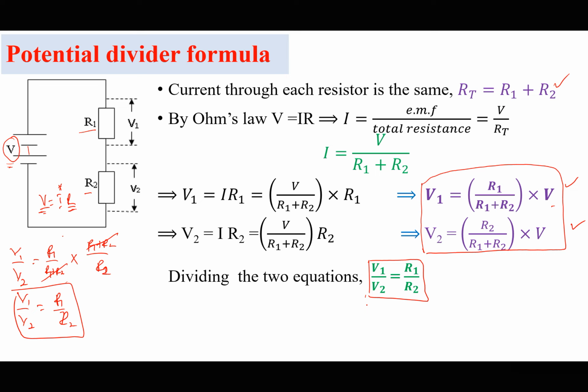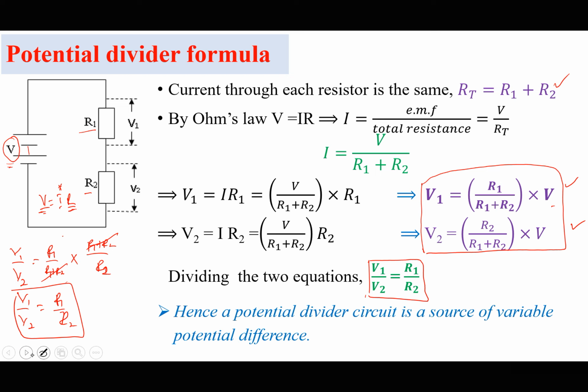In an exam, if you have resistors in series, you have the voltage supply, and you have the resistance of either of them, you can just use the ratio of their PDs being equal to the ratio of the resistances, and you find the resistance of the other.